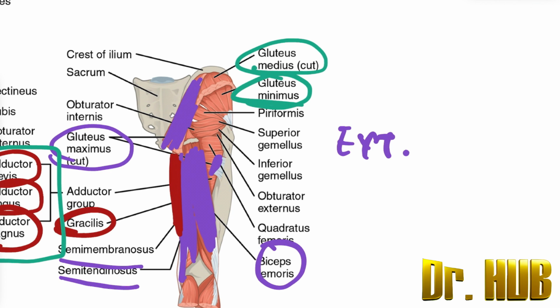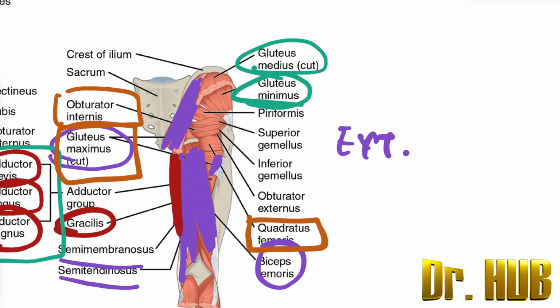So let's try finding it in the images. There is the gluteus maximus, there is obturator internus, the superior and inferior gemelli, there is a quadratus femoris. There is the gluteus maximus, there is a quadratus femoris, as well as the presence of piriformis, and it is assisted by the obturator externus and the sartorius.